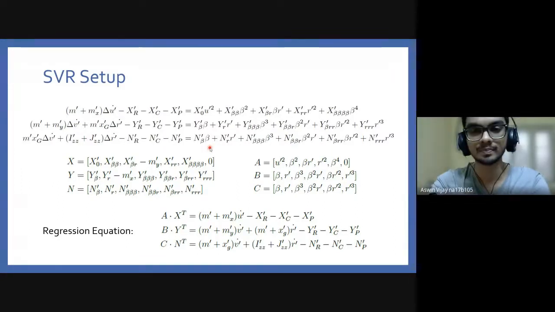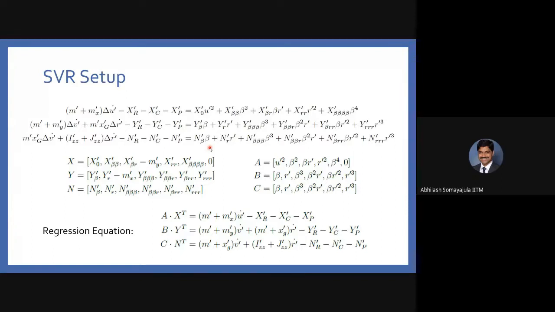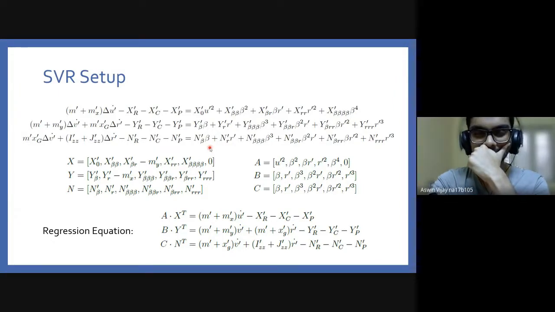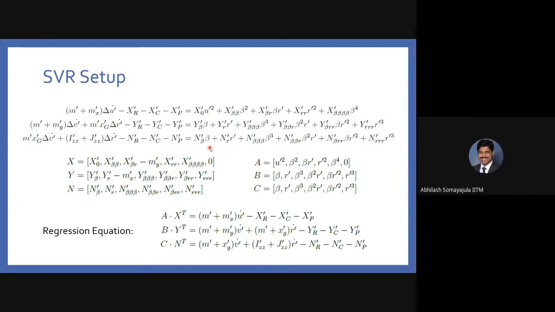Because what it is going to do is look at the pure data and try to come up with a minimalistic set of coefficients which will be important, right? So that may be one step at least, because it will use a different sort of optimizer, but the problem is slightly different there.